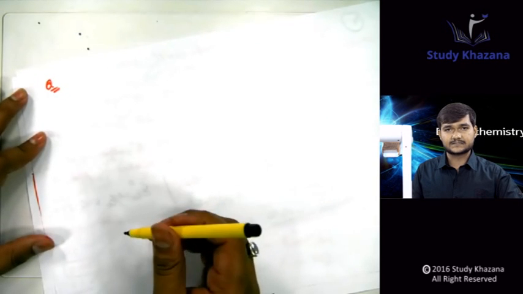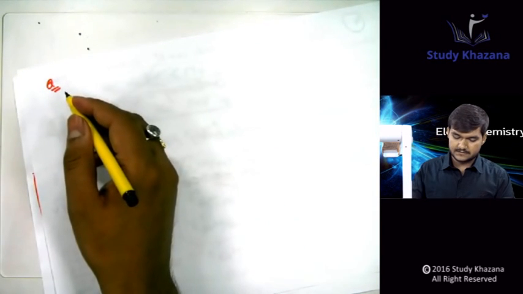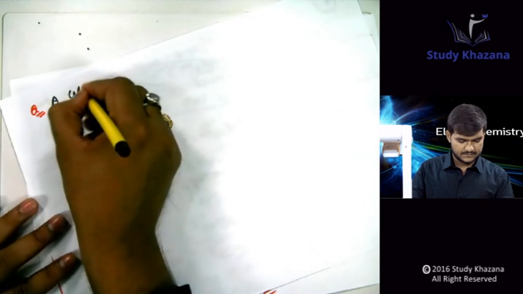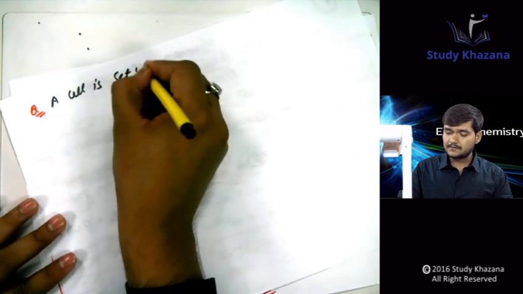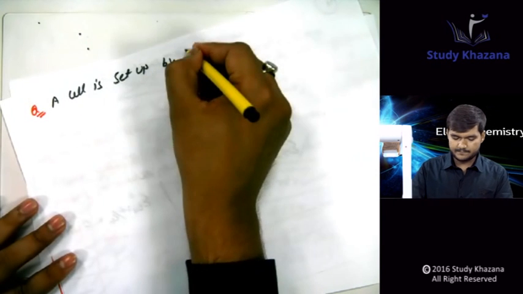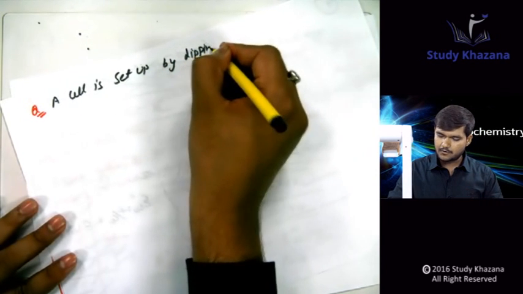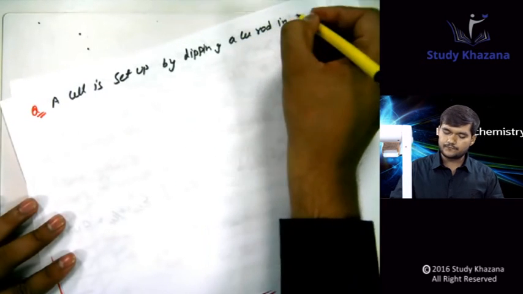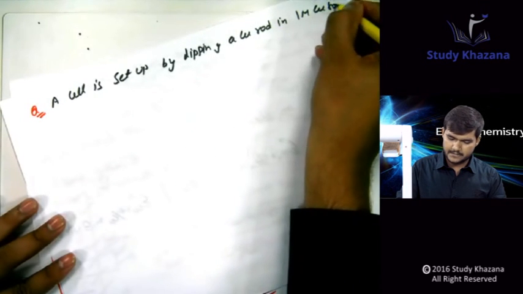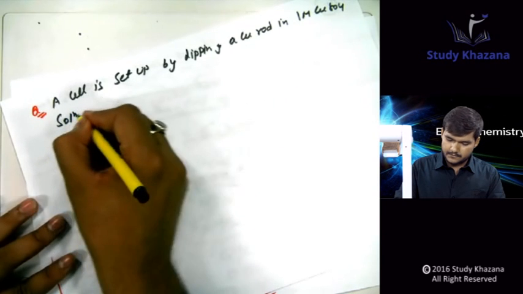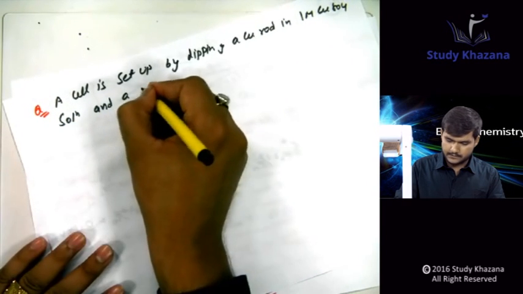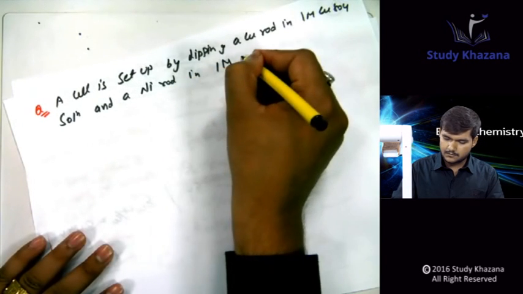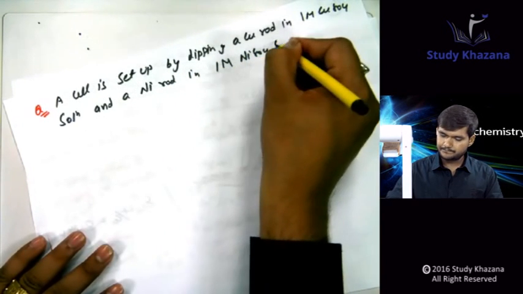The question is: a cell is set up by dipping a copper rod in 1 molar CuSO4 solution and a nickel rod in 1 molar NiSO4 solution.